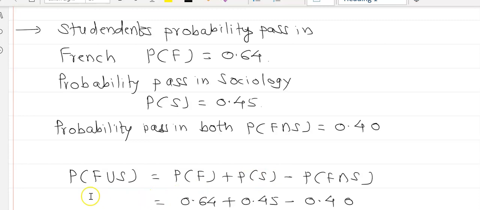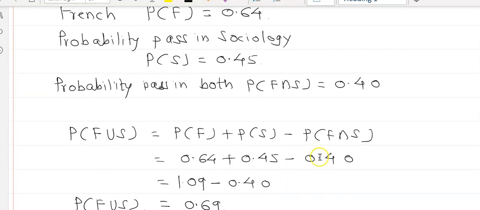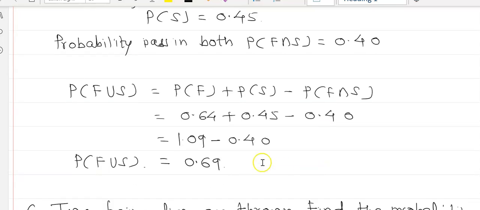Therefore, by using the addition formula, P of F union S is equal to P of F plus P of S minus P of F intersection S. Now substitute the values: 0.64 plus 0.45 minus 0.40, that is equal to 1.09 minus 0.40, that is equal to P of F union S equals 0.69.